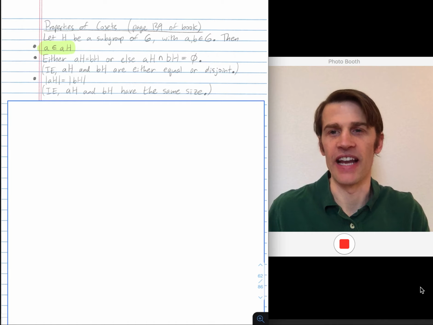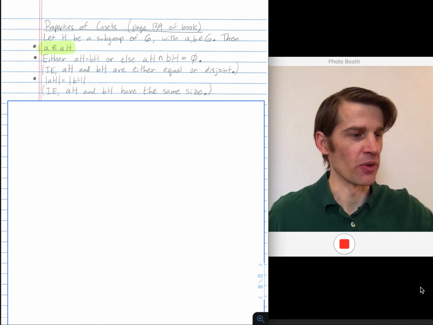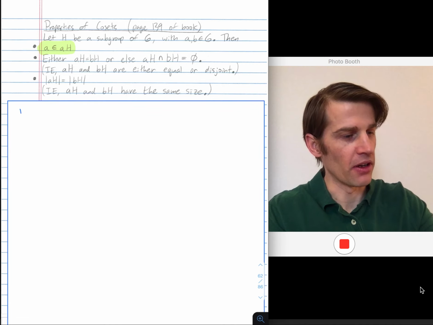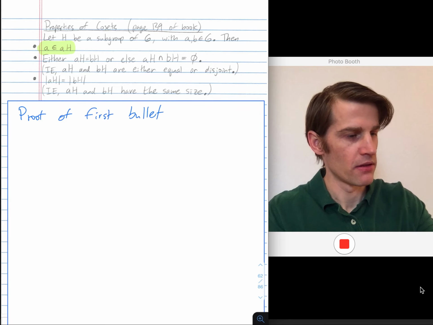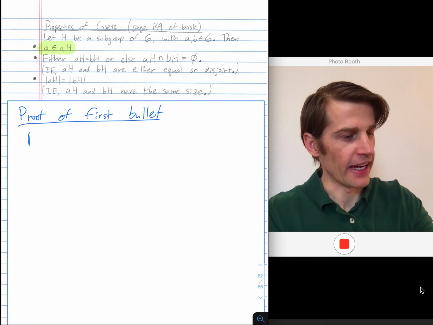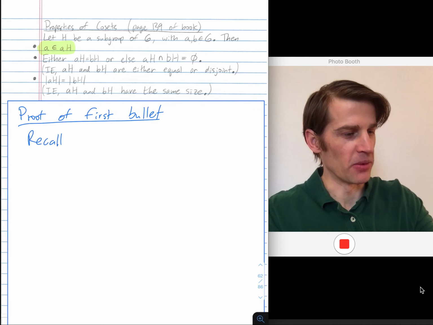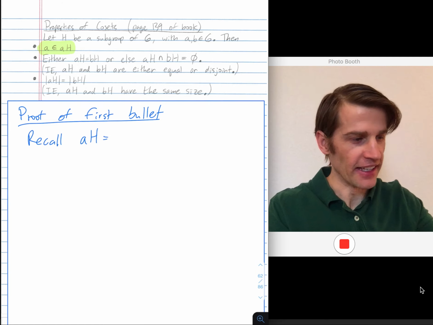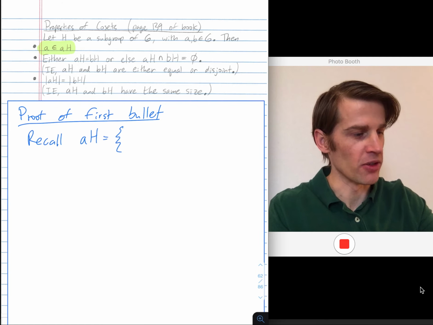We're proving that a is an element of its own coset, aH. What is aH? It's important to remember definitions in this class. The coset aH is the set of things of the form a little h, where little h is in my subgroup.